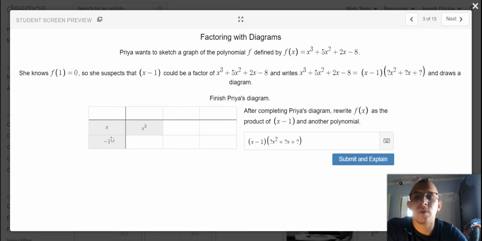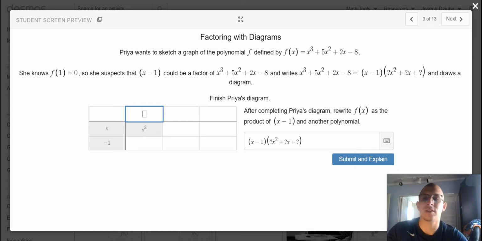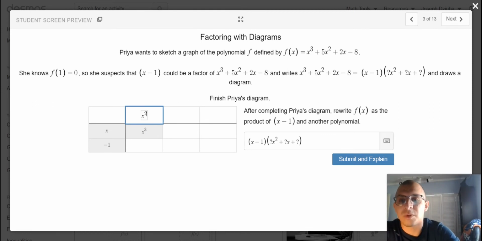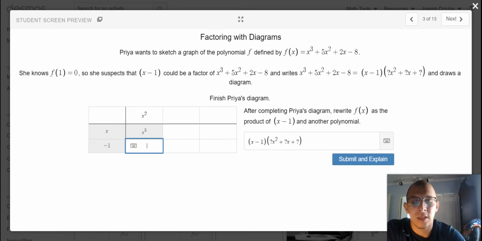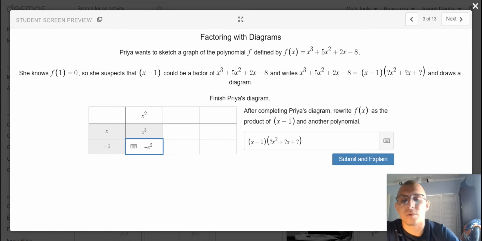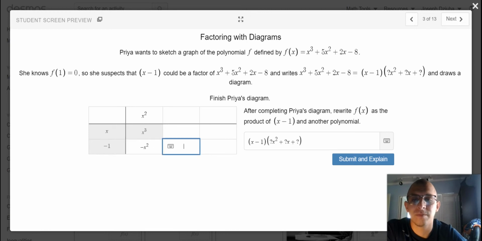So if we look here, we can see that we have our first term, x to the 3rd power, and we should be asking ourselves, what term can we multiply by x in order to get x to the 3rd power? Remember, if I want to type math, I'm going to press that little tilde button next to the 1. That term in particular is x to the 2nd power. X to the 2nd power times x will provide us an x to the 3rd. And here I would just finish out this particular column by completing the multiplication with the bottom row of -1.